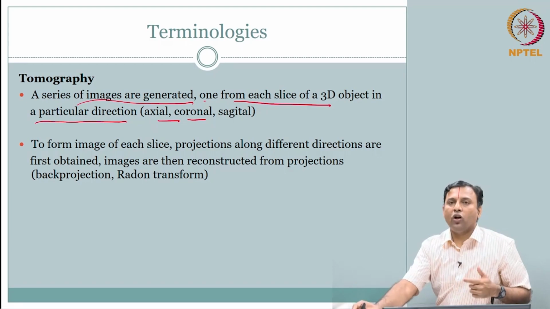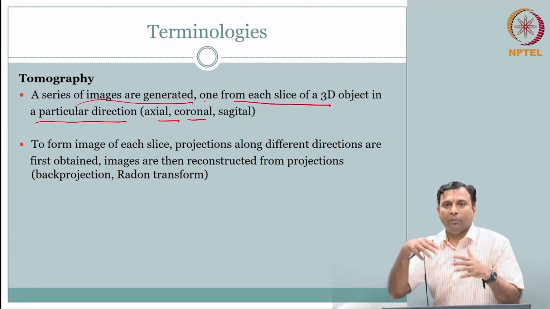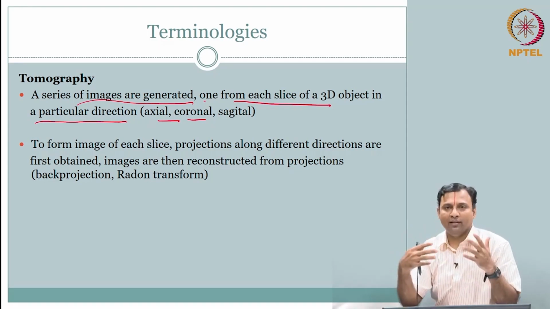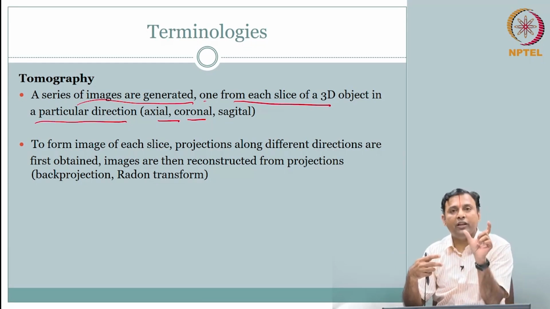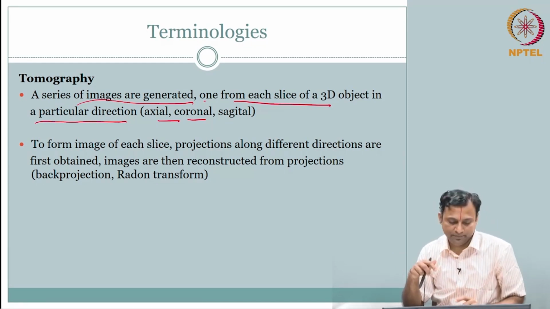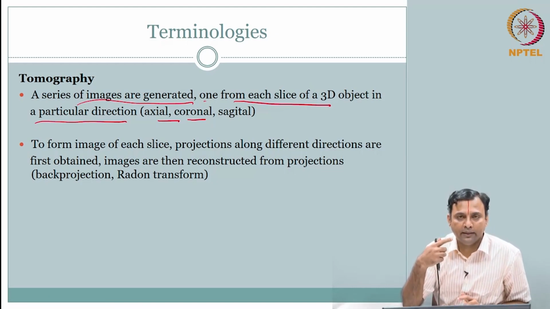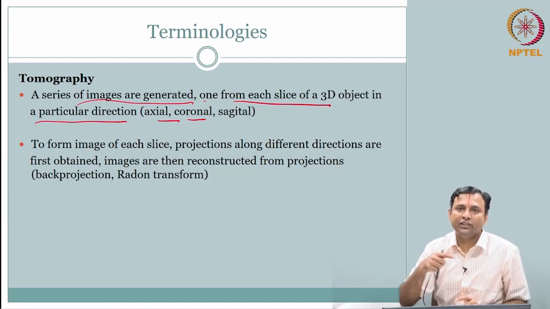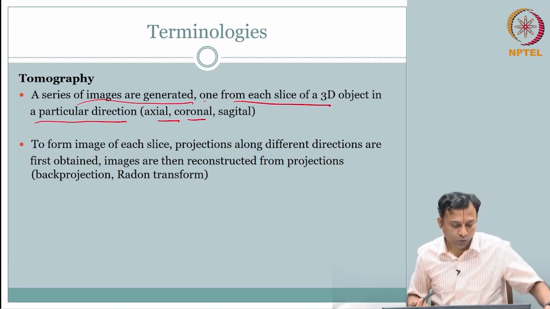Can I use all the slices from different orientations, not just perpendicular, any view angle? Can I use all that so that I can actually get the 3D object? Can I form the 3D object from a series of 2D slices? That is what we mean by tomography.